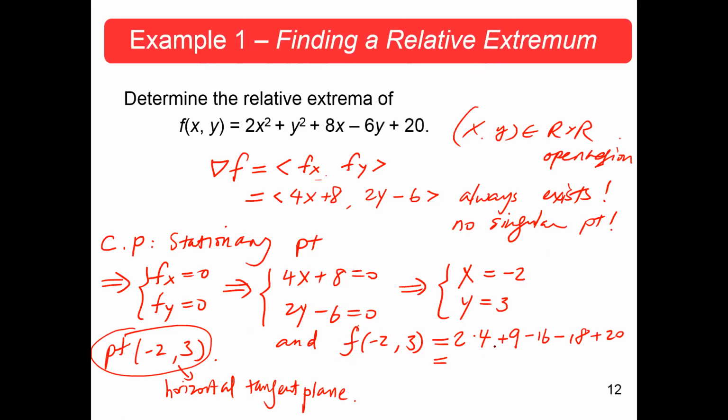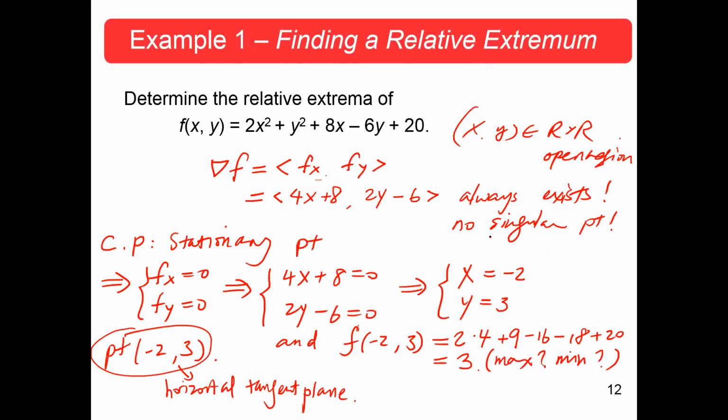Okay. So we have 8 plus 9, which is 17, minus 16, which is 1. 1 minus 18, that's -17. And then plus 20, that is 3, right? The function value. Question is, is this a max or min?